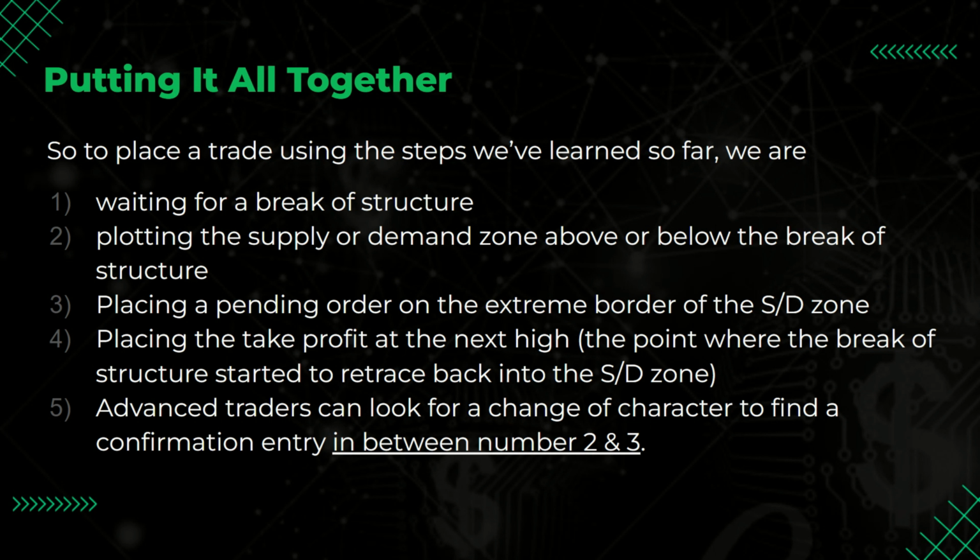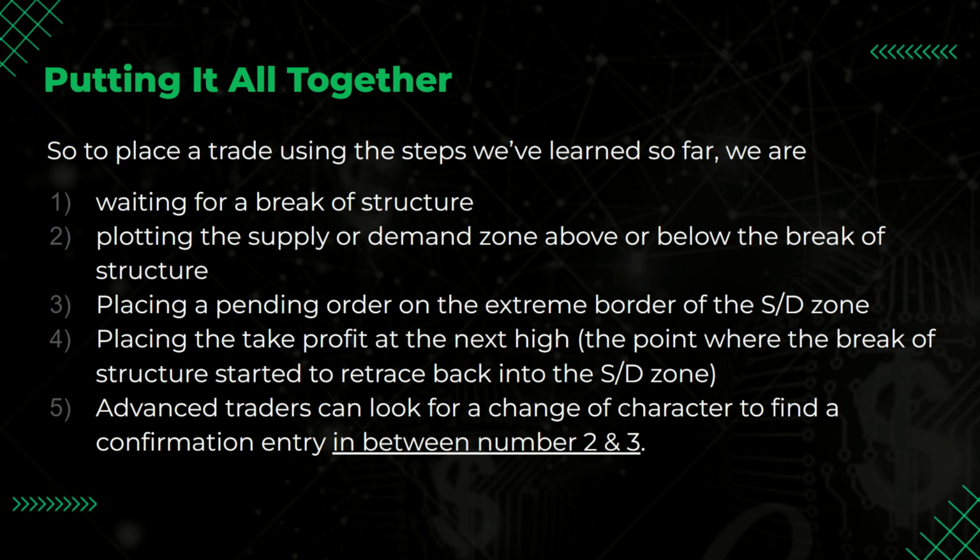So to place a trade using the steps we've learned so far, this is essentially what we're doing in a nutshell. We're waiting for a break of structure to give us the likely direction that the trend is most likely to continue going. Obviously, nothing is 100%, but after we get a break of structure, that usually implies that the market at some point in time is going to continue the same direction that we got the break of structure.